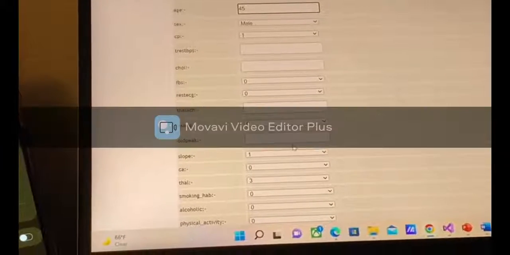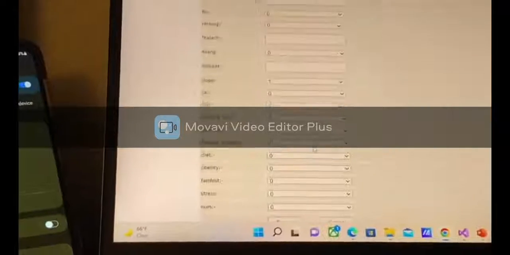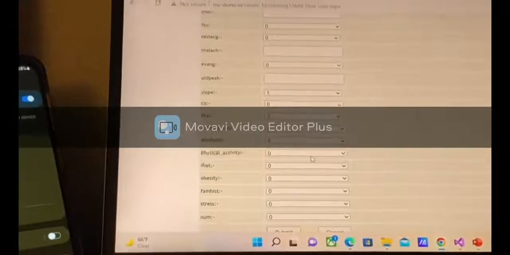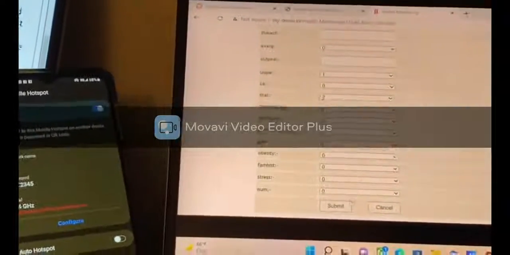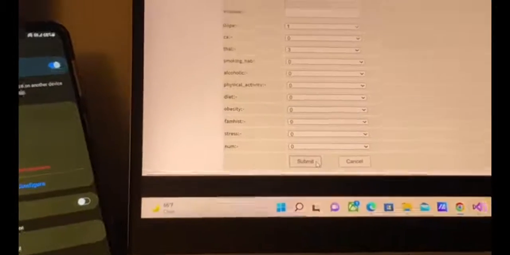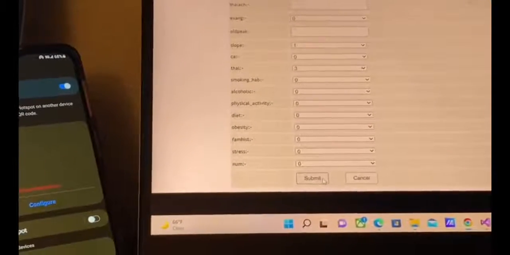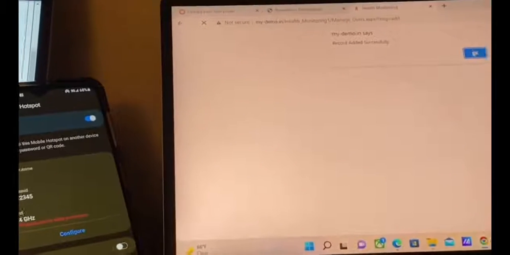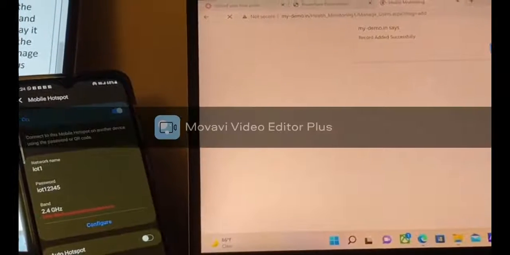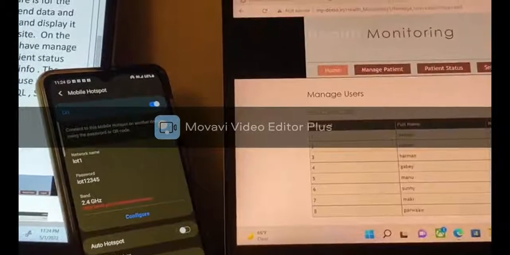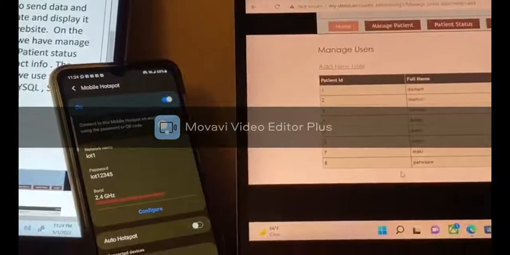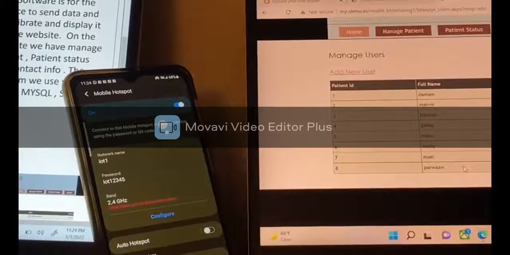And when we fill out the vitals, these are basically all the different categories that a doctor might need to put into the system for it to have a better understanding of the patient, for data inputs and all that kind of stuff. After the doctor does everything and gives a clear record of what the vitals should look like, and we save it, you can see the new user has been added.